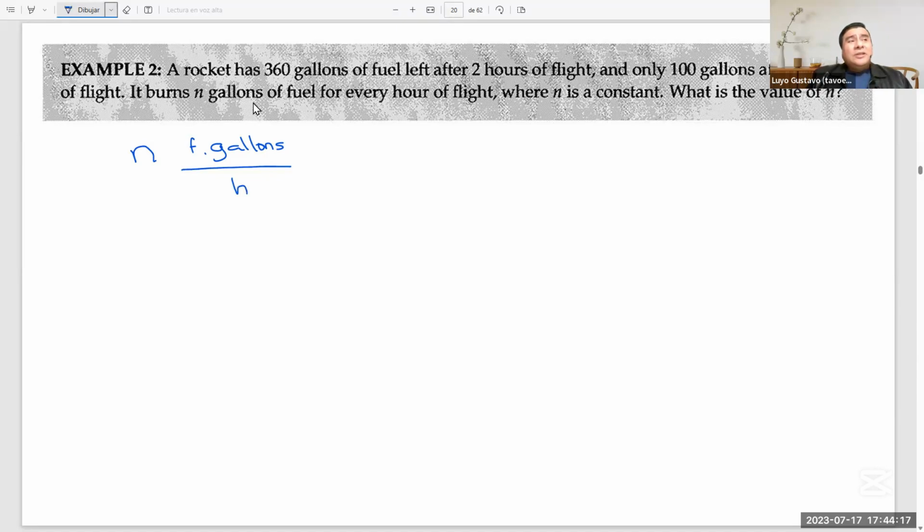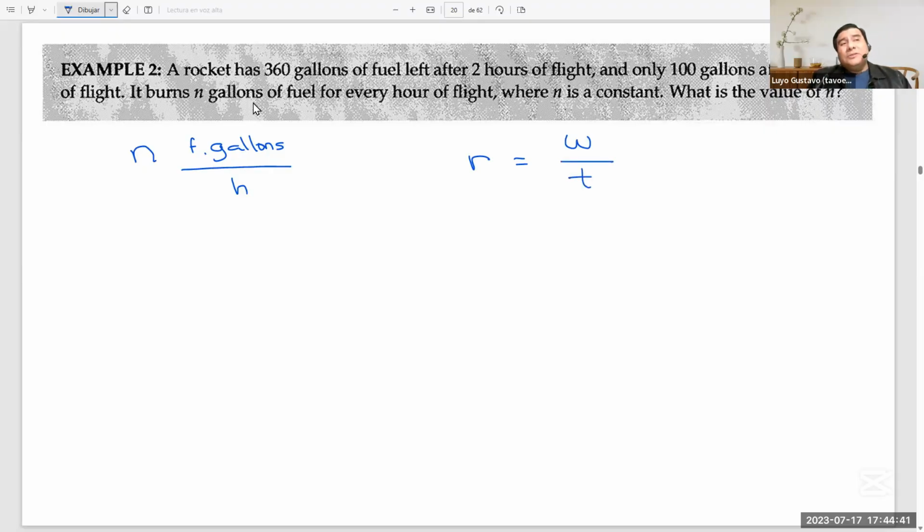In order to determine the rate of n gallons for this rocket, we can actually calculate this rate using this approach: any number of or amount of activity completed divided by the time that it takes to complete it.